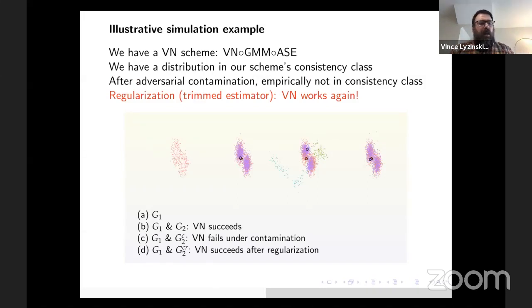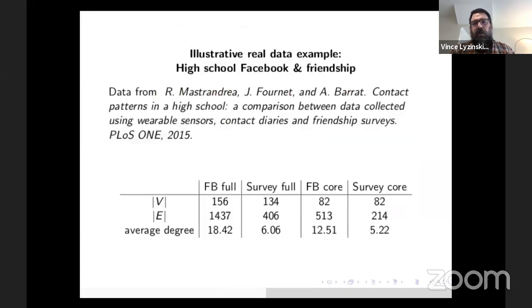Okay, and in addition to an illustrative simulation, we have this nice real data example. If you've been to talks about networks, you've probably seen this data 1,000 times, but it has proven useful in this vertex nomination task, where it's a pair of high school interaction networks.